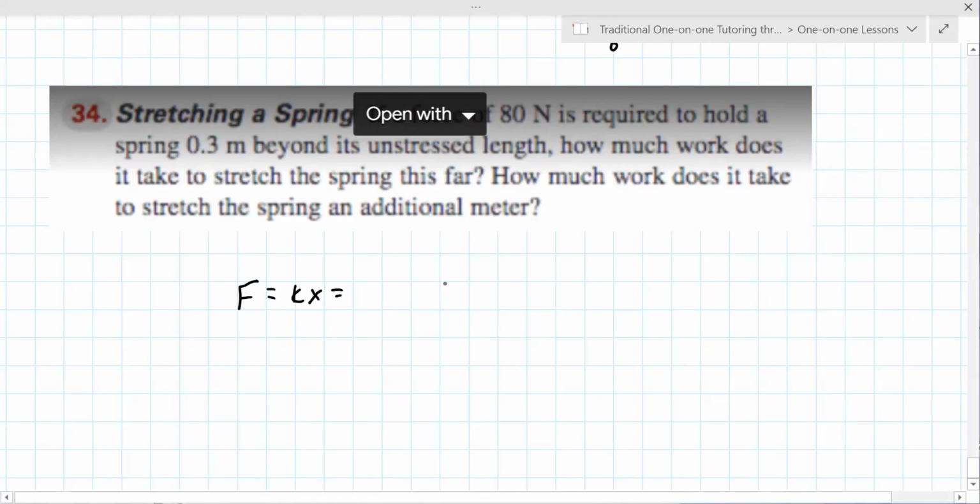And the force is 80 newtons. And the k, we don't know, but it's telling you 0.3 is the x right here.